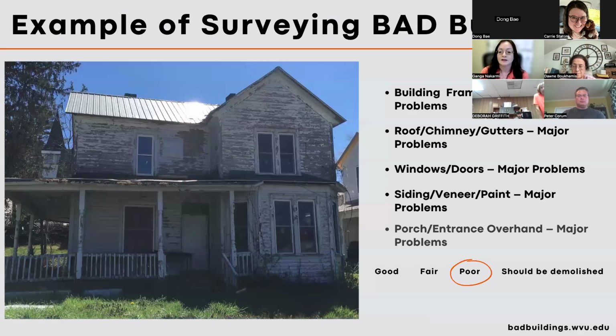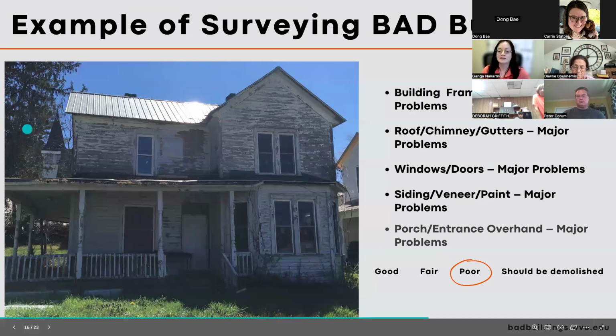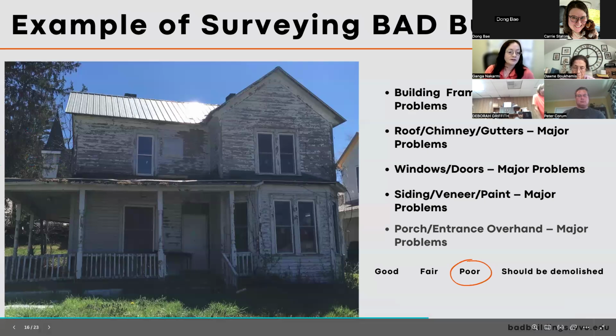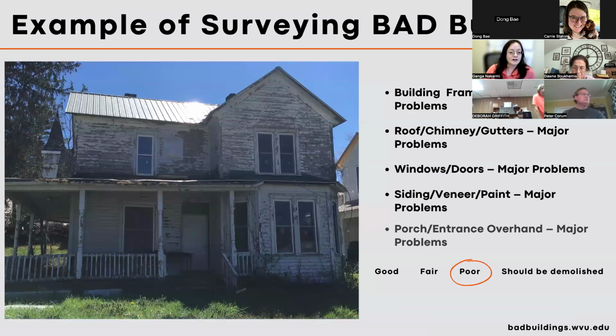And so you will rate it as poor because of the description that we just discussed before, and we'll be discussing more during the survey time. So this type of survey is a more subjective matter.